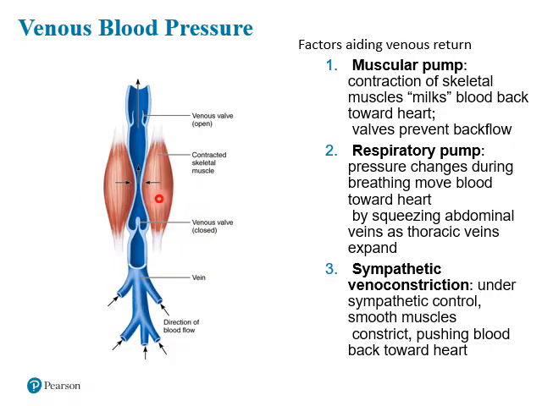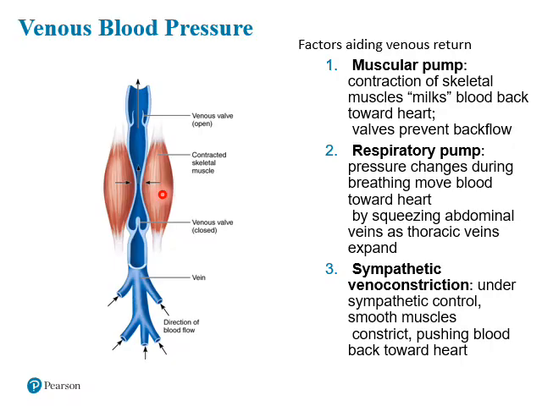Muscular pump, the contraction of skeletal muscle, will milk the blood back towards the heart. We also have what we call the respiratory pump, which is the pressure changes during our breathing.